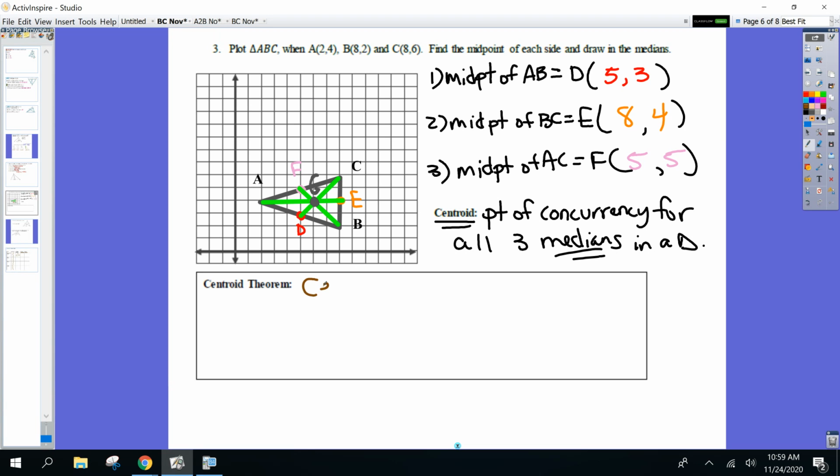The centroid divides a median into a ratio of 2 to 1. I will go over what that means right now. You take any median with the centroid on it, it divides that median into a ratio of 2 to 1.